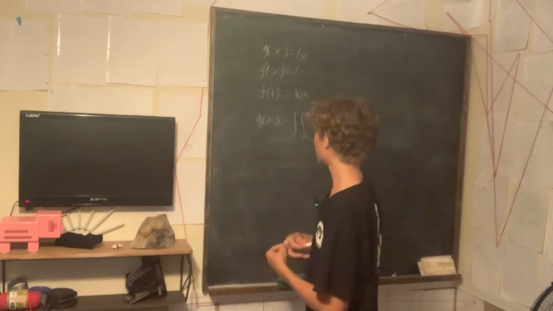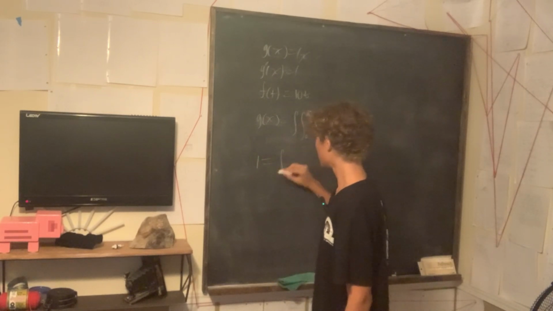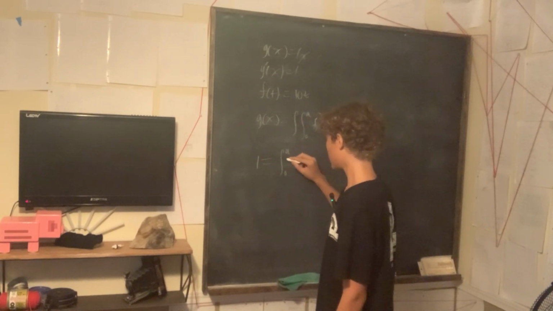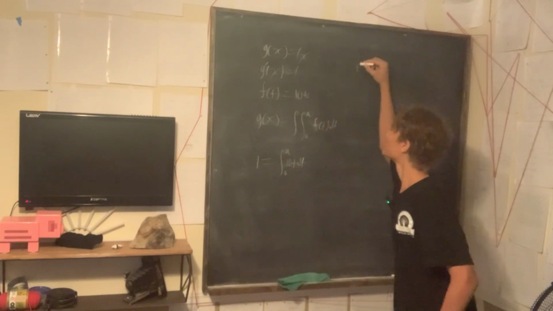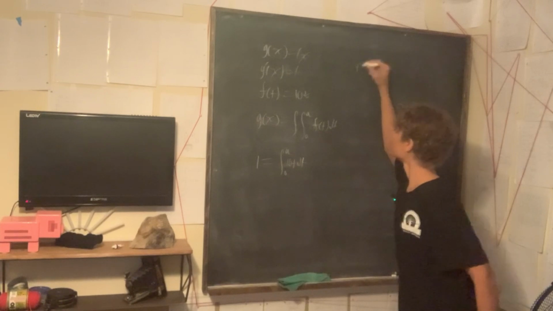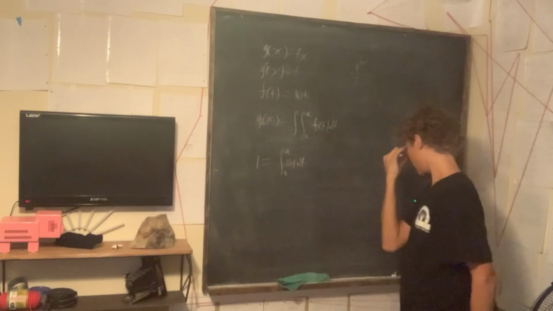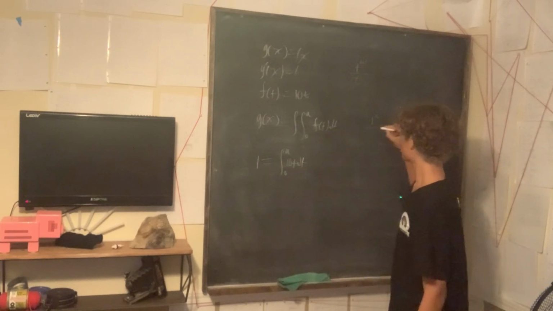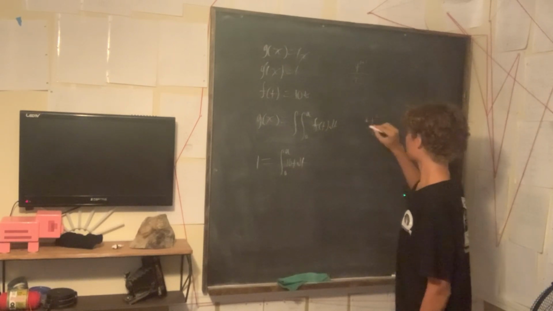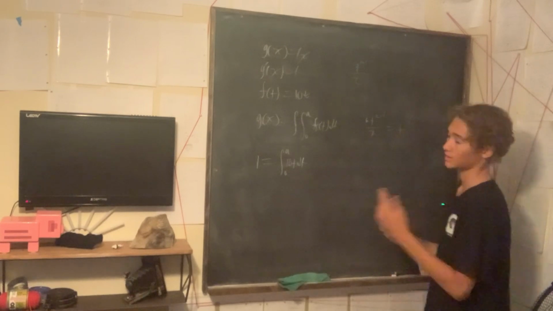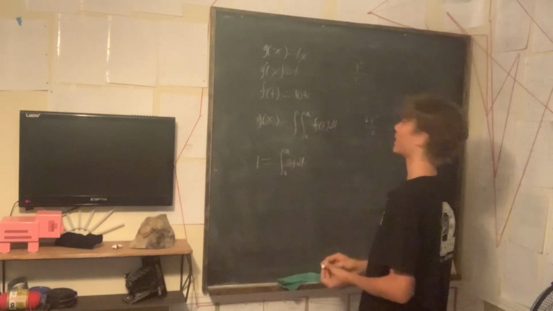That means that 1 is equal to the integral from 0 to a of 10t dt, and let's integrate it. So t to the first becomes t squared over 2. This is because the derivative of t squared over 2 is t, since you subtract 1 from the power and multiply by 2, which cancels out, because an integral is the opposite of a derivative, as you saw in the beginning of the video.